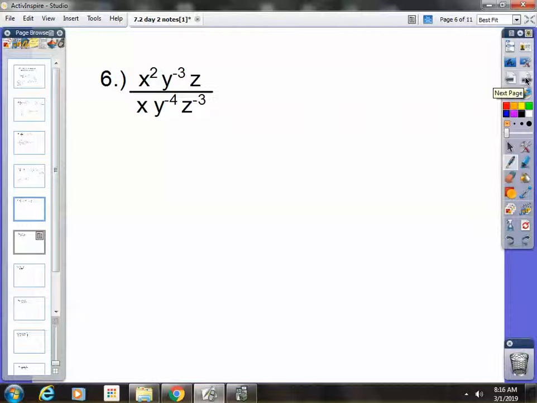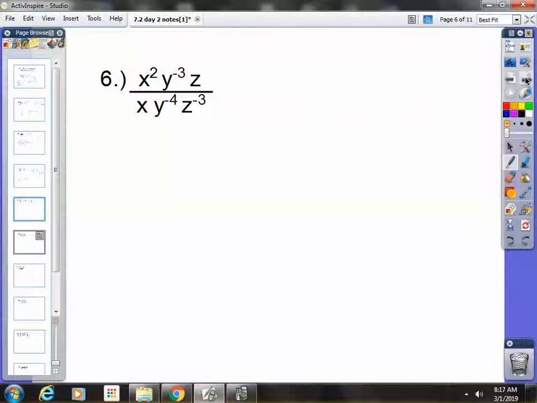Let's do this one next. x squared, y to the negative 3, z, divided by x, y to the negative 4, z to the negative 3. Okay, so now we're starting to incorporate multiple variables.